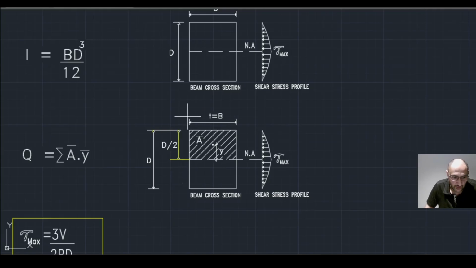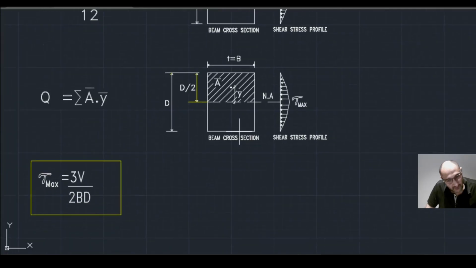If we work all this out and substitute in the shear stress formula, tau is equal to VQ over IT, we will get the maximum shear stress in a rectangular beam to be 1.5, which is 3 over 2, V divided by B times D. Now this is just a super quick version of how this formula works, but I think we will discuss it more in detail in part 2.